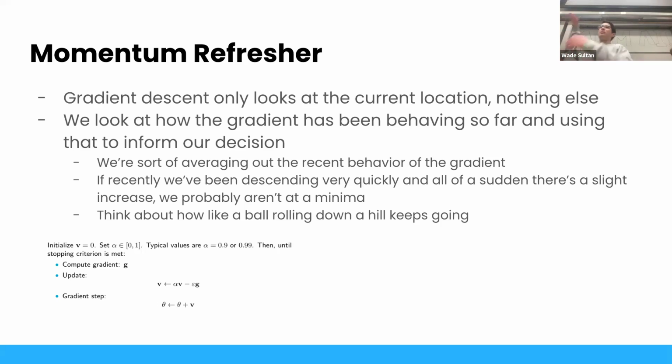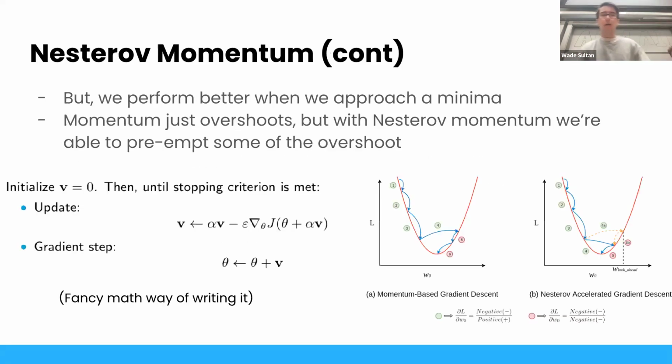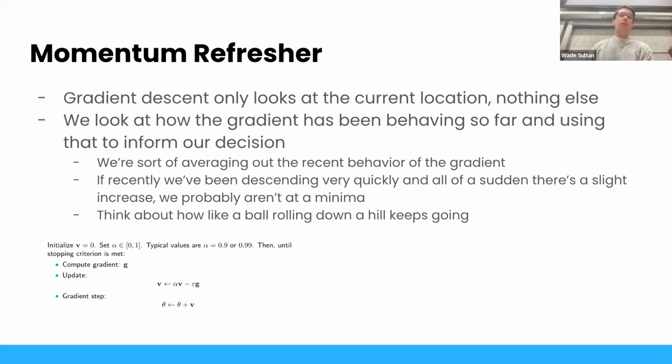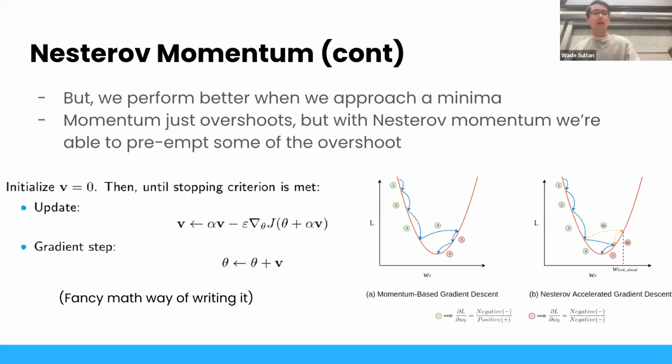So if your gradient has been going down a lot, and then all of a sudden it's telling you to go this way, instead of completely turning that way, it might be a good idea to keep going down, just in case that's a small bump in the loss landscape. And here, the only difference between this and this in regards to the gradient is that the gradient there is just at the current parameters.